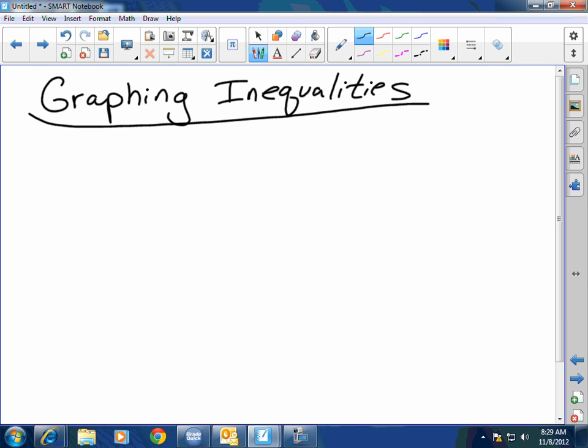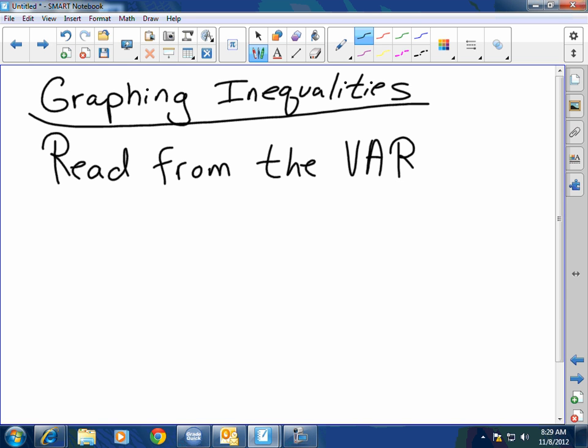And in order to read an inequality, please remember, you read from the variable. I don't care if the variable's on the left side or on the right side. You read from the variable. From the variable. Okay, guys?